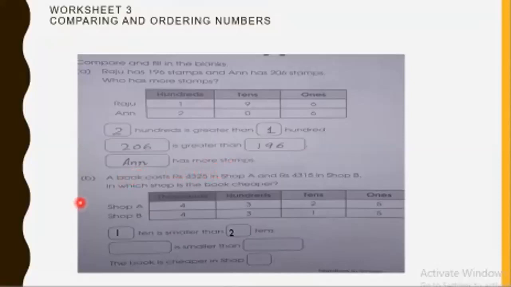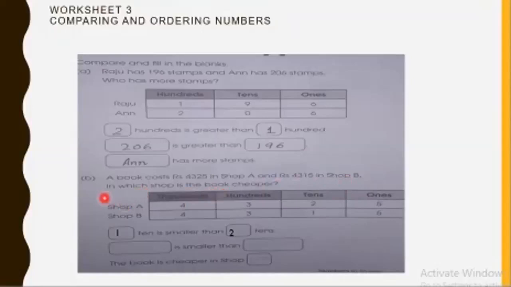Okay, now let's move to part B. That is, a book costs rupees 4,325 in shop A and rupees 4,315 in shop B. In which shop is the book cheaper?